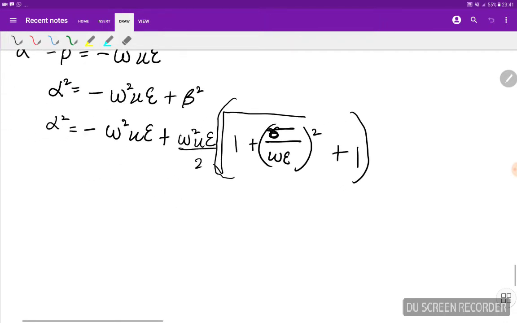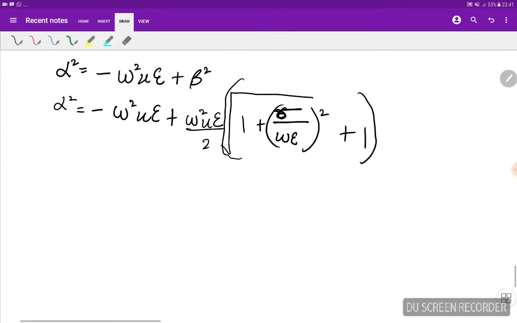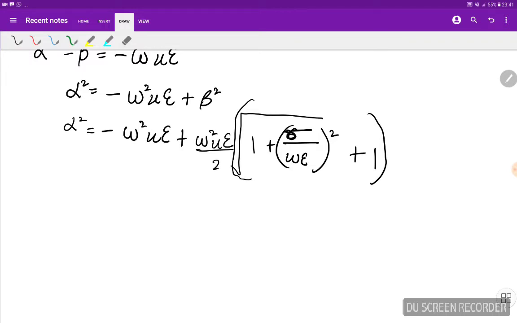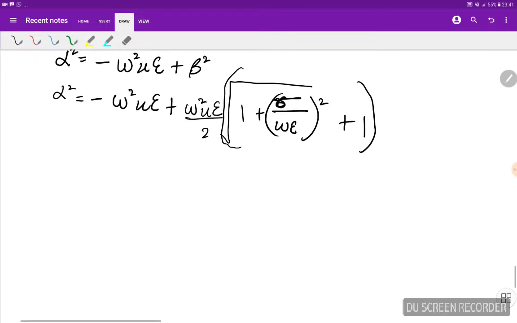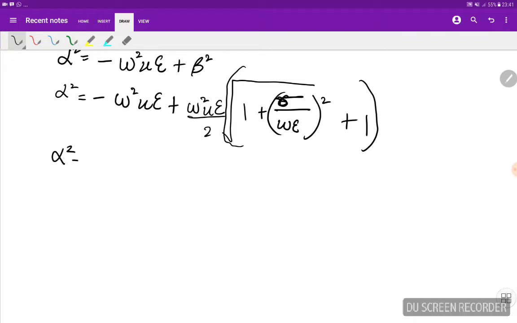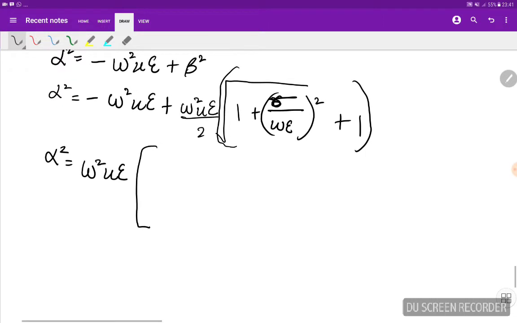So now if I factorize ω² με, I'll get alpha squared is equal to ω² με all into bracket, minus 1 plus 1 over 2 square root.